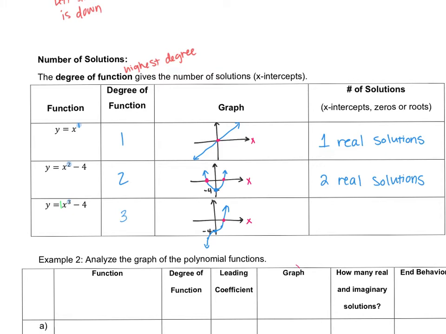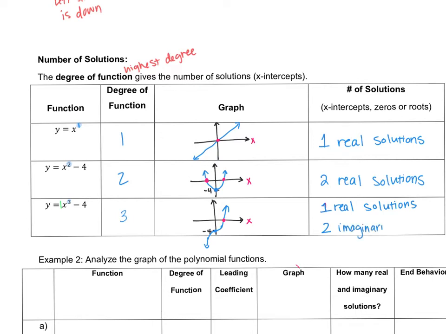So what's going on? Well, it turns out there's only one real solution here. But that doesn't mean there is only one solution. It just means that the other 2 that you don't see are imaginary solutions.